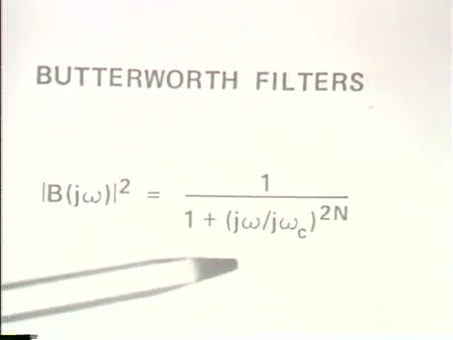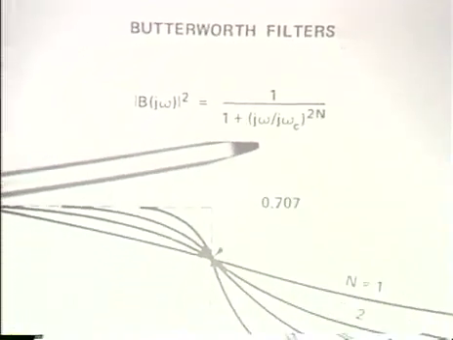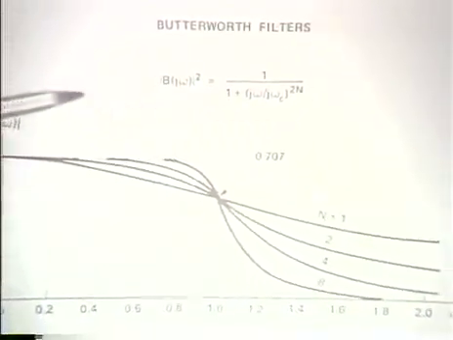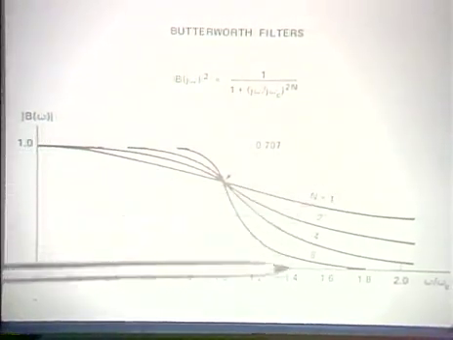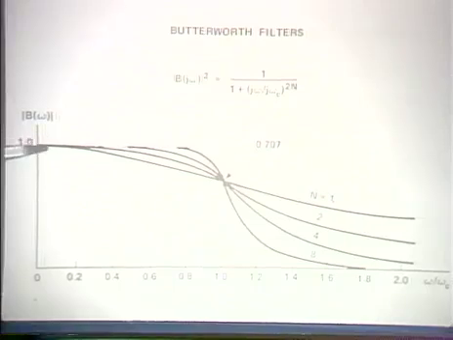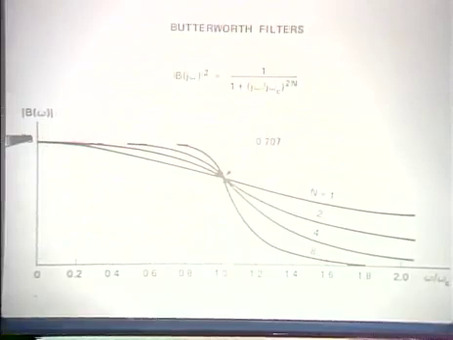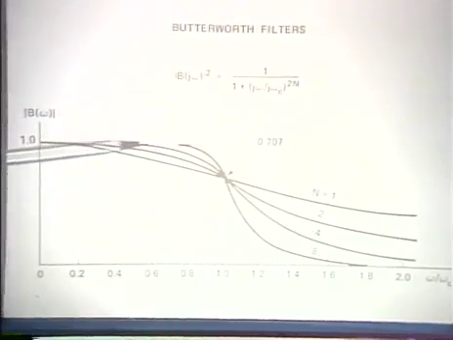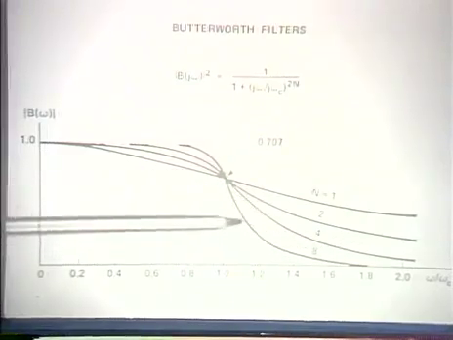Now, if you look at the frequency response, B of omega, for this class of filters, I've illustrated that below. What we see is that the frequency response starts at unity, because that's the way that it's normalized. It has a monotonic characteristic in the pass band and in the stop band.